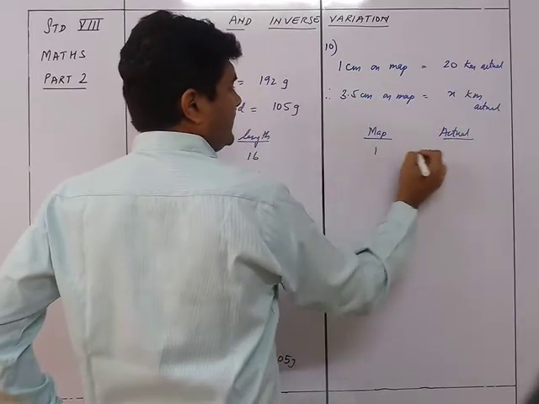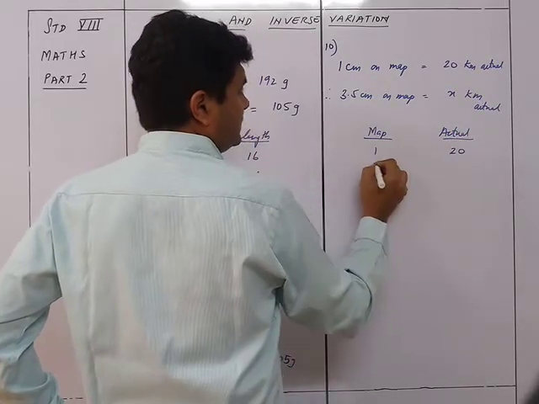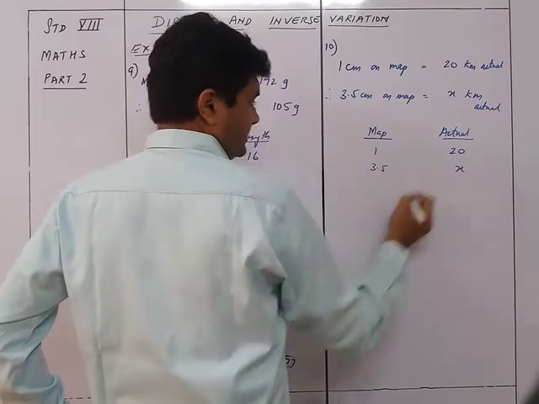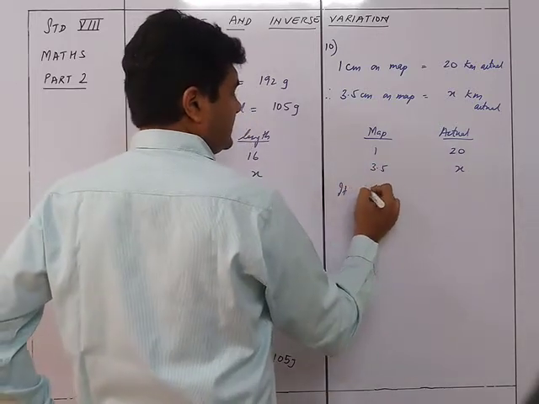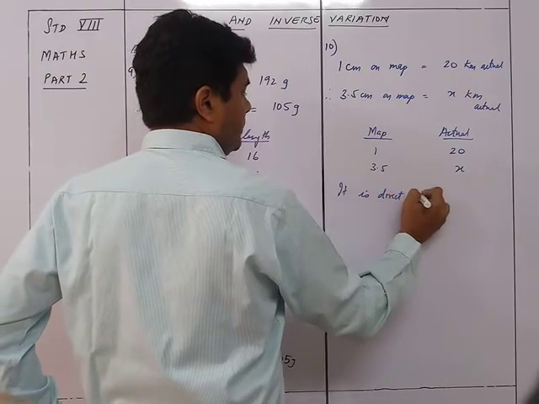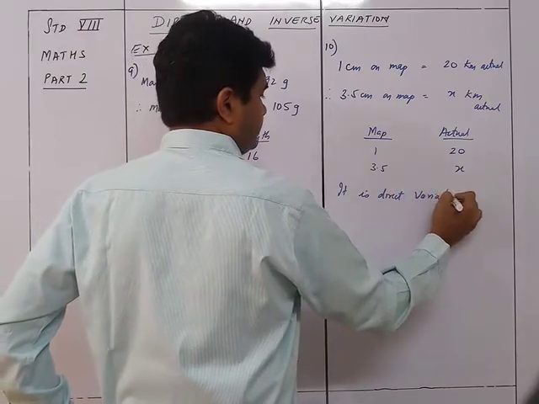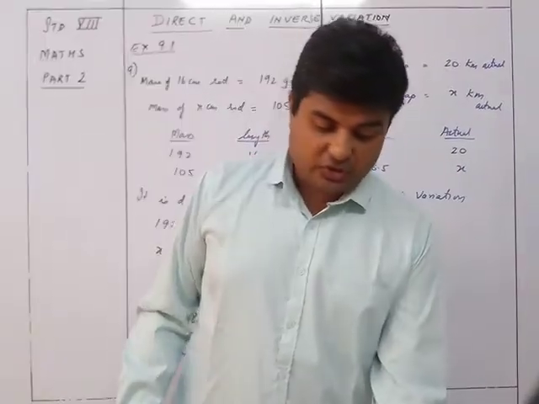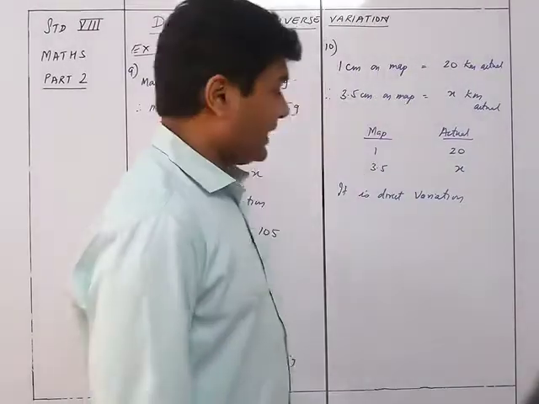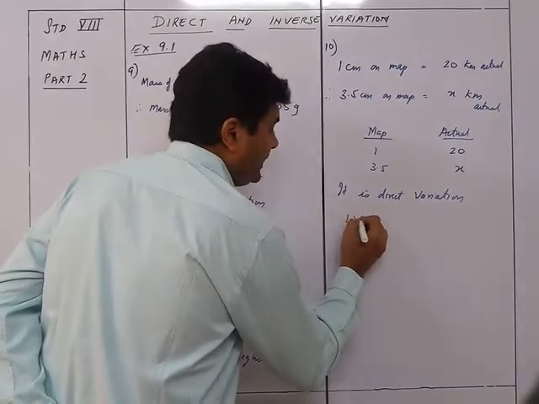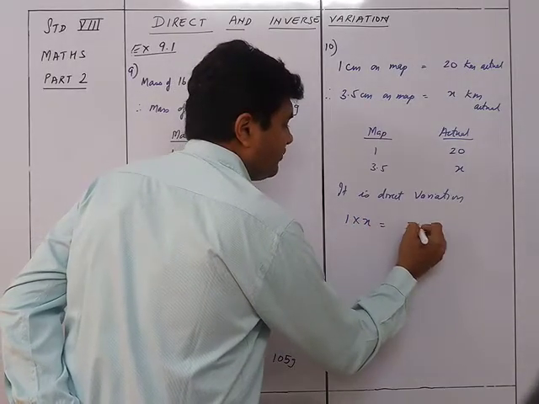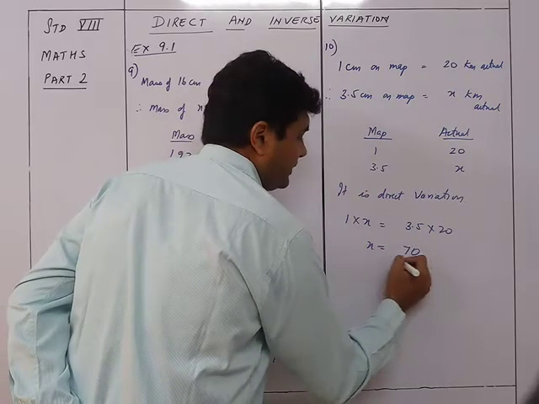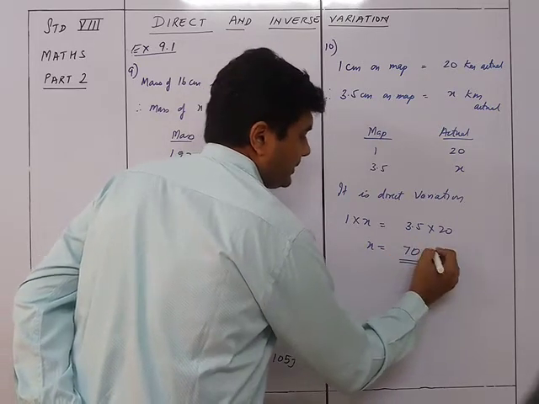Map is 1 centimeter, it is 20 kilometers; 3.5 centimeters, x. It is direct variation, because if the distance on the map increases, the actual distance also increases. So that gives us 1 into x is equal to 3.5 into 20. Therefore, x is equal to 70 kilometers.